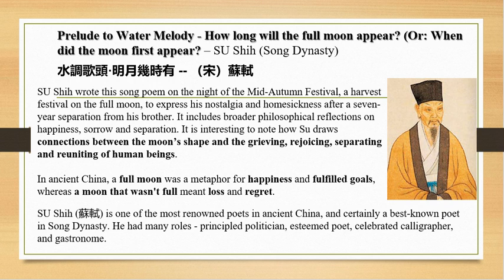In the meantime, he also expressed his understanding and philosophy on life and death. More interestingly, he used the moon as a metaphor. The full moon symbolizes happiness and fulfilled goals, whereas the moon that is not full symbolizes regret and loss.